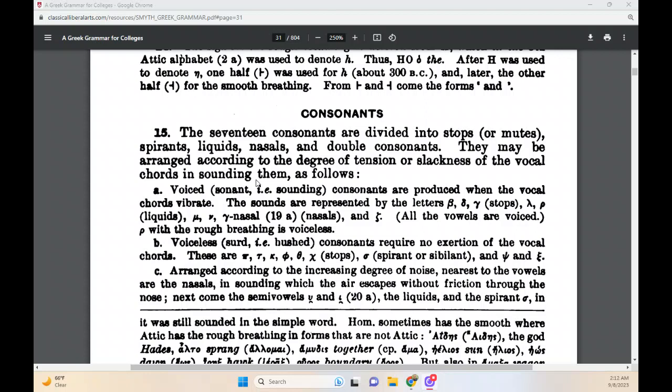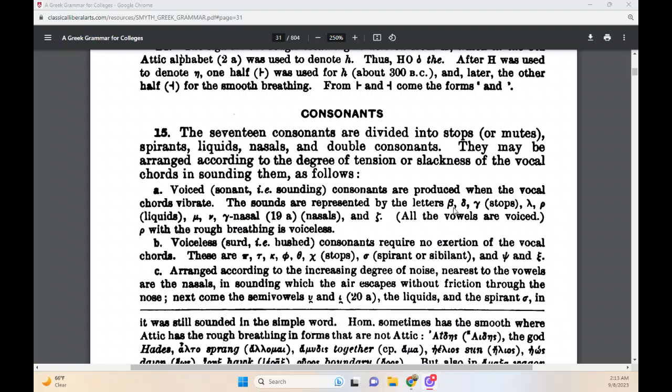And you'll see the group here in letter A is voiced consonants. Voiced consonants are produced when the vocal cords vibrate. So consonants whose sound includes the vibration of the vocal cords or voice are called voiced consonants. The sounds are represented by the letters beta, delta, and gamma.